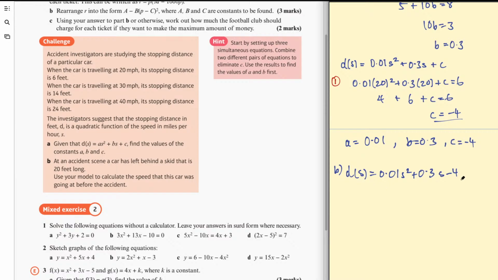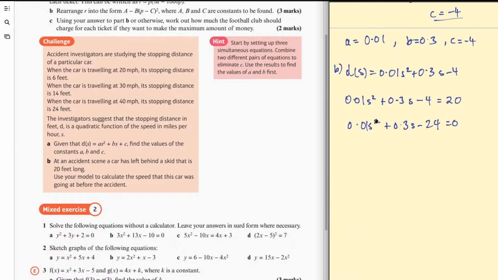So this is part B, and now we know the stopping distance. This is going to be solving a quadratic, basically. So we're going to plug in 20 for D. Then if we take that 20 from the left hand side, this is -24 equal to 0.